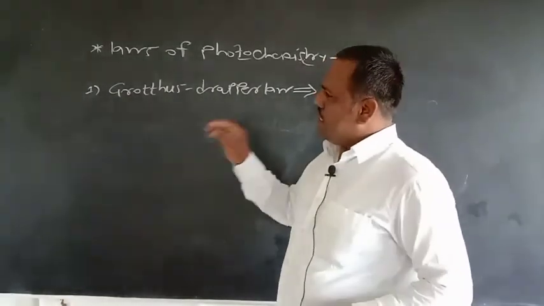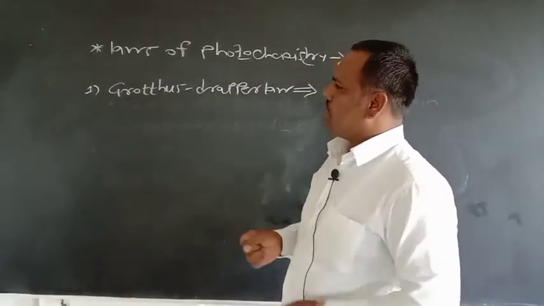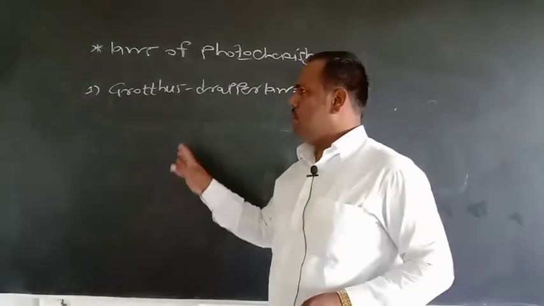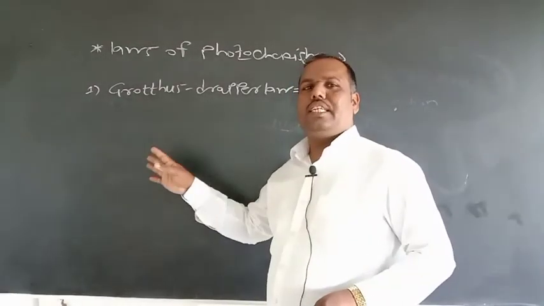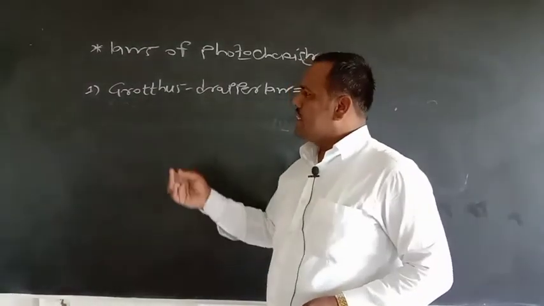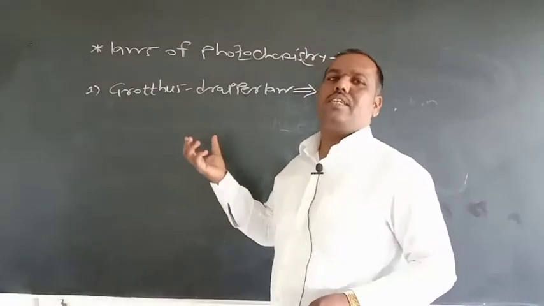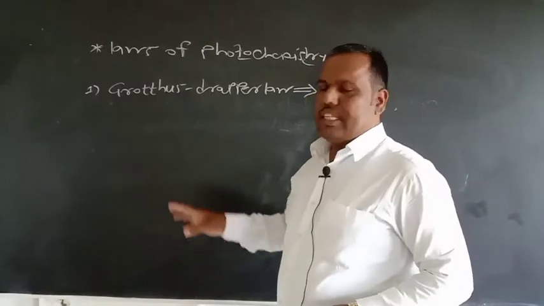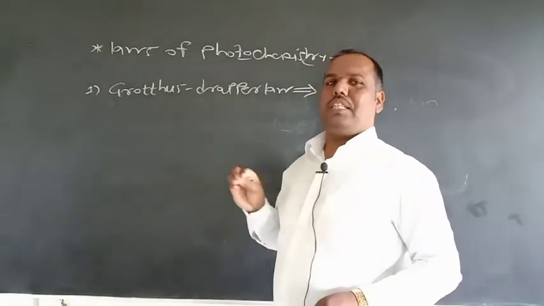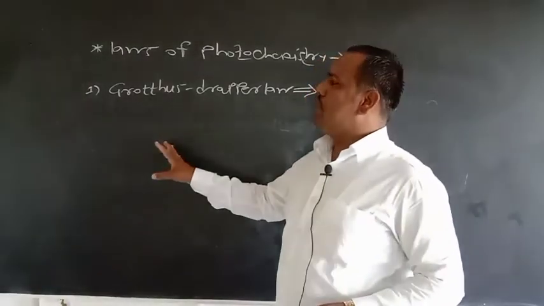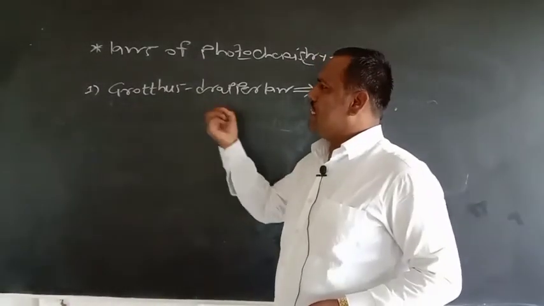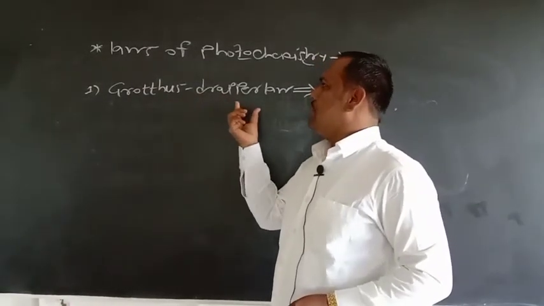If an incident photon strikes a particular system or molecule, some light gets reflected, some light gets transmitted and some light gets absorbed. So only those radiations which are absorbed by the molecules are responsible for any chemical change, and this is the statement of the Grotthus-Draper law.